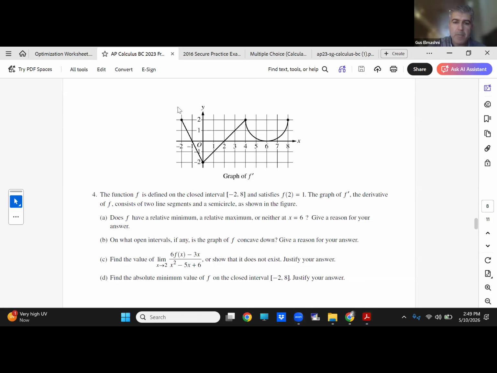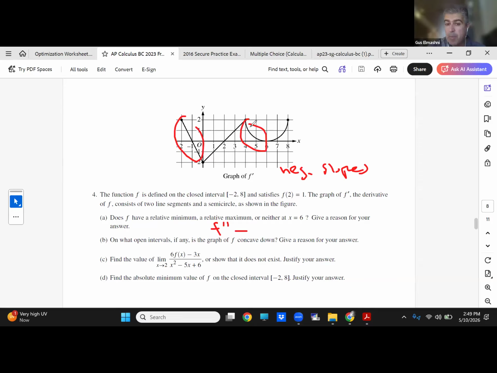Okay, so the intervals. Let's see if you're correct, Angela. I'm going to work it out. If you want f concave down, that means you want f double prime to be negative, right? Because of that f prime graph, I'm looking for negative slopes. And my negative slopes are happening here and here.